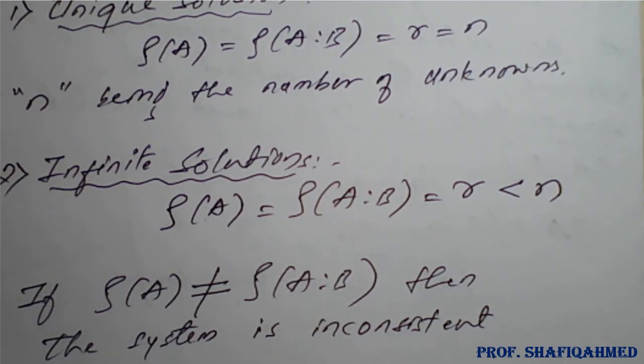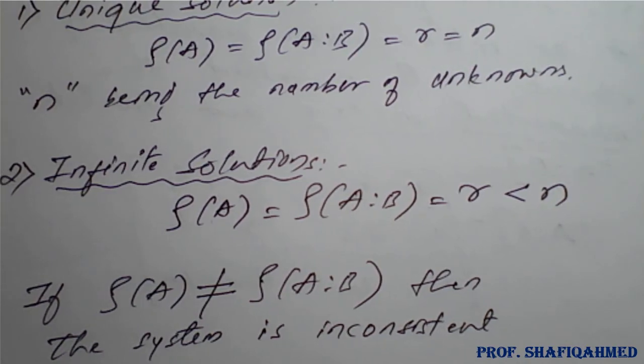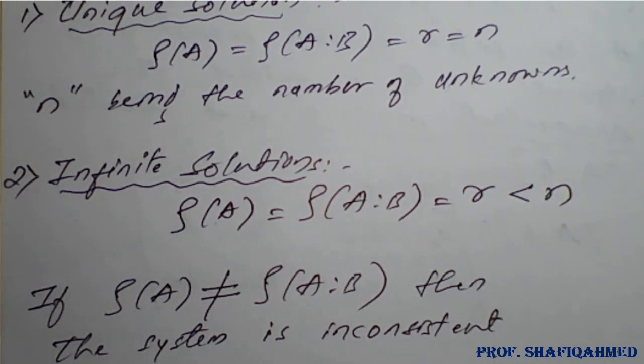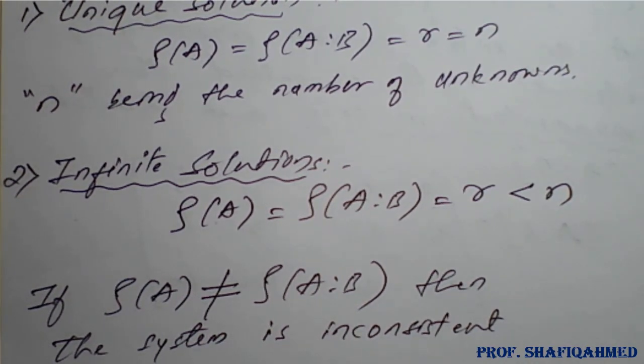So first the questions will be based on testing for consistency. If it is consistent we have two cases, if the ranks are not the same then it is inconsistent, and we have to stop the problem. We'll see more detail using a simple example based on this consistency. So in our next lecture we'll see the problems based on consistent or inconsistent.